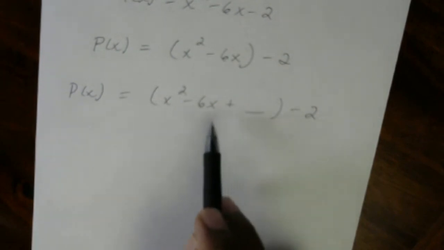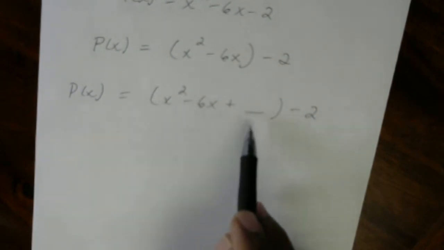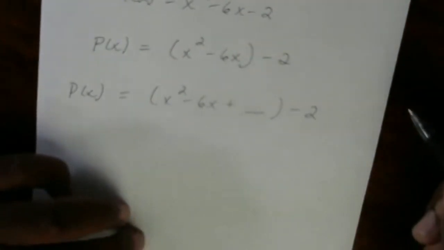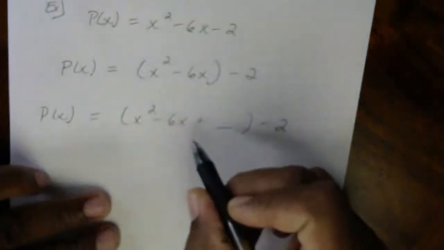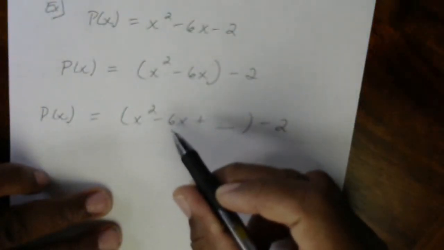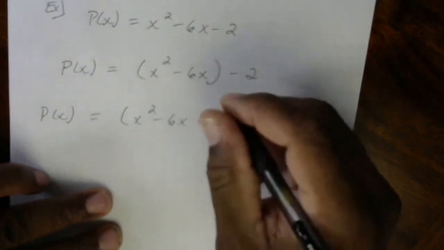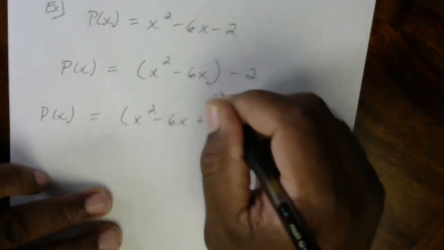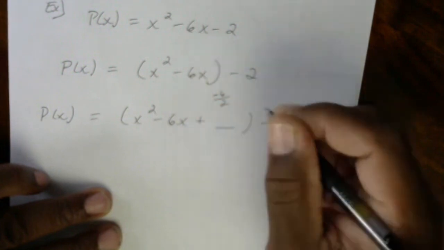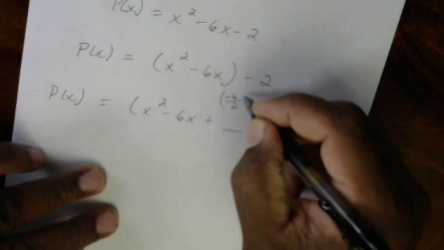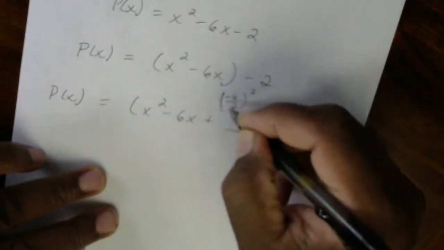This is the complete the square step. So how do you complete the square? Well, I'm going to take half the coefficient of my middle term. So if I have -6, I'm going to take half of that, so I'm going to divide it by 2, and then I'm going to square it.